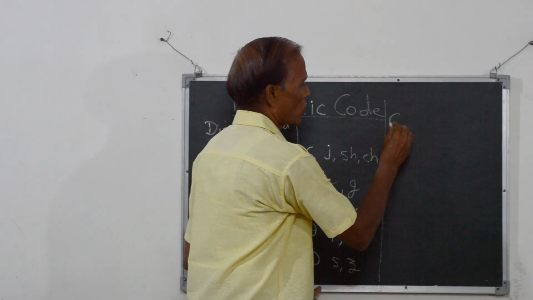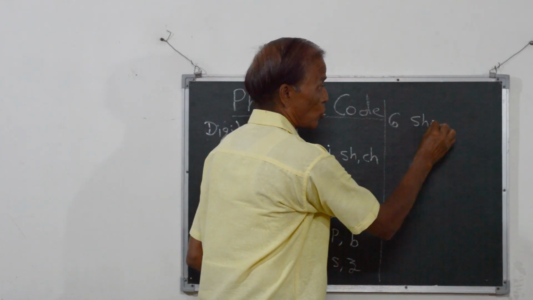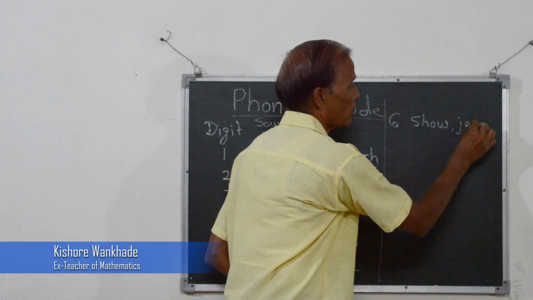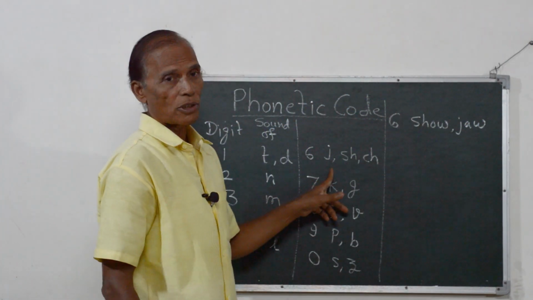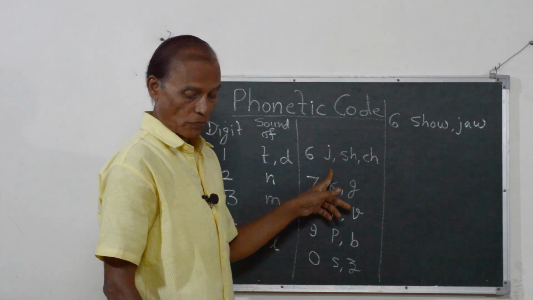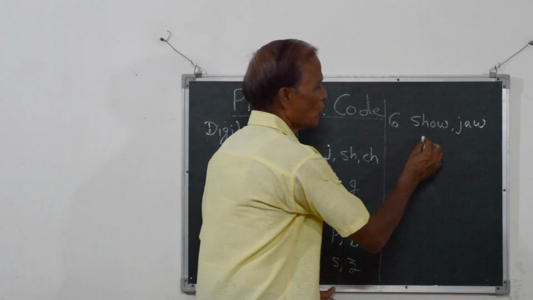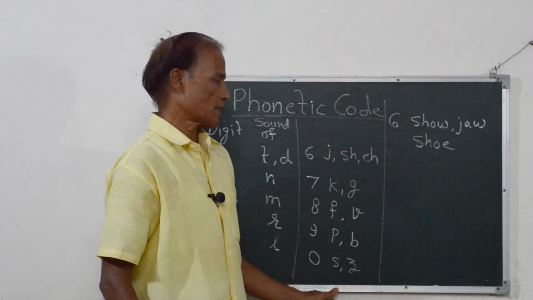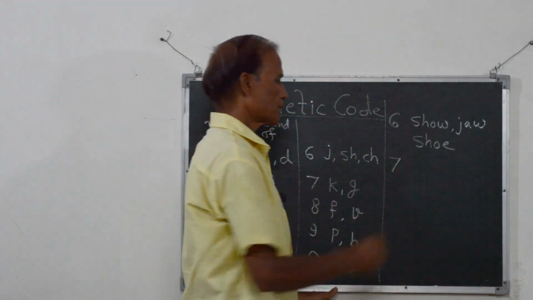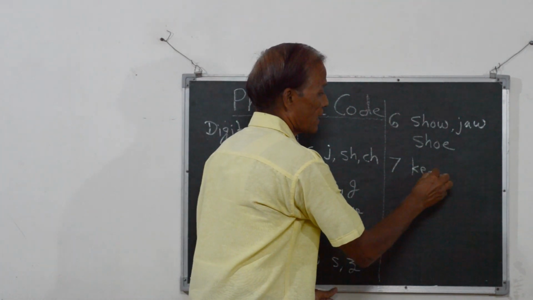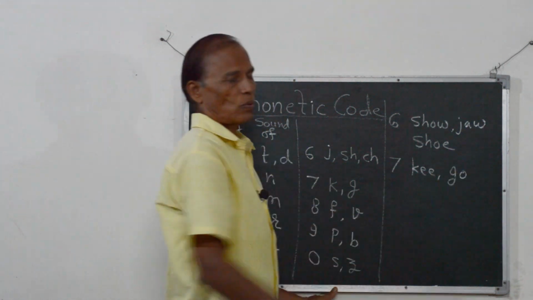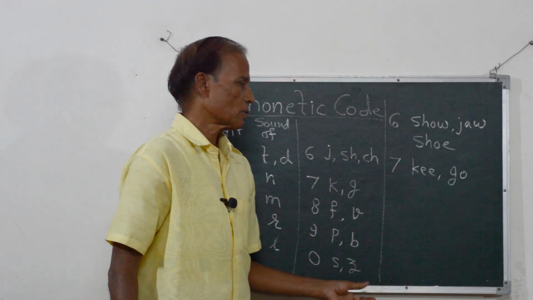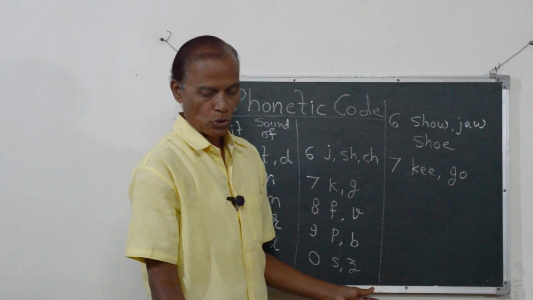For 6, we can use show, like that. Jaw, for 6 we can use J also. So that word can also be done. Shoe, that is another word which can be made for 6. Then for 7, key, go, K use, or G can also be used, and so on.